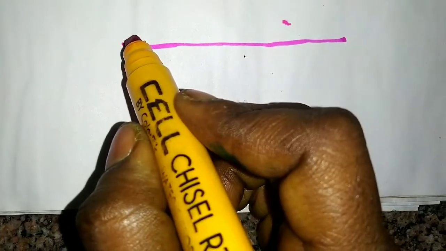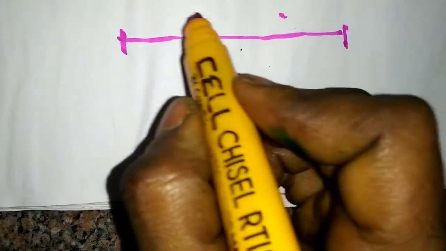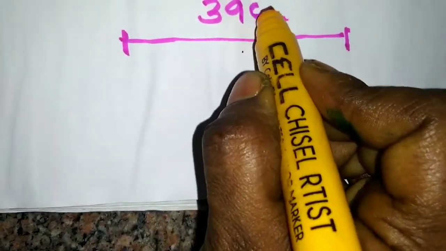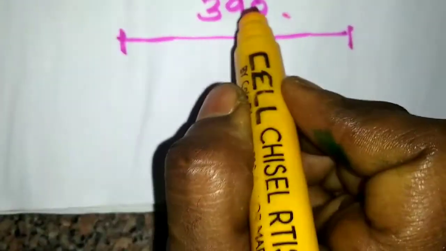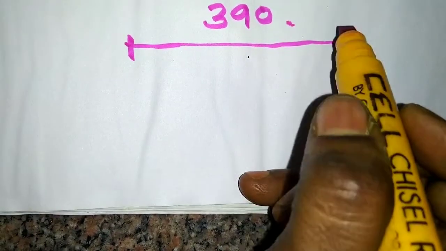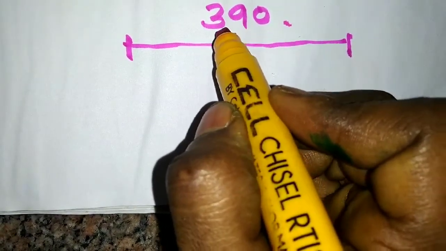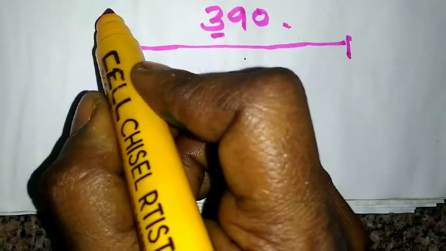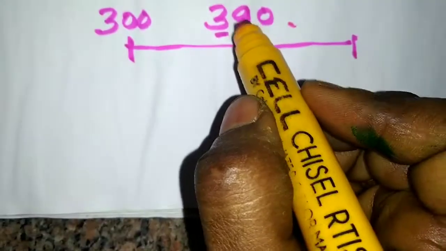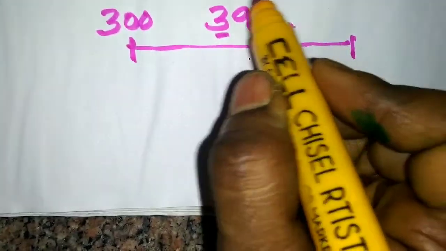For your clear understanding, I am going to repeat the rounding off for 390. Before 390, in ones and tens place, we have to put 0. Ones and tens place will be 0. Before 390, the hundreds place will not be changed.